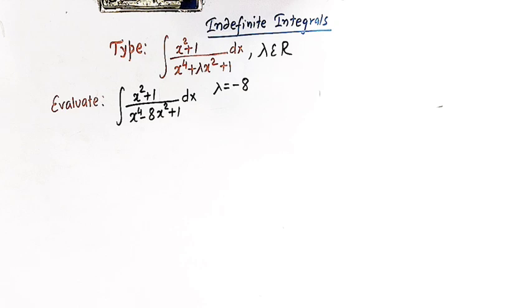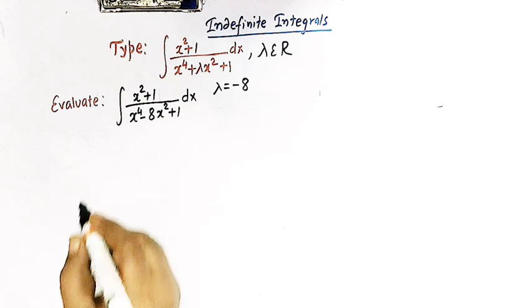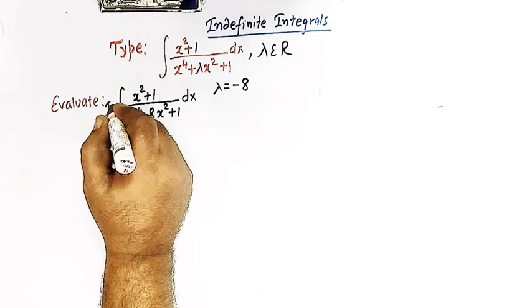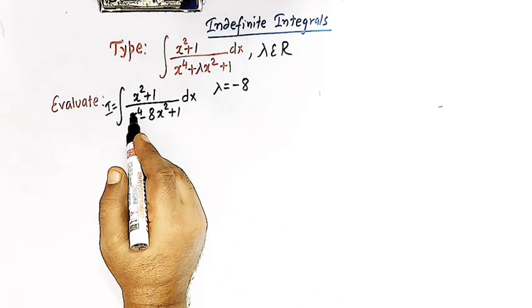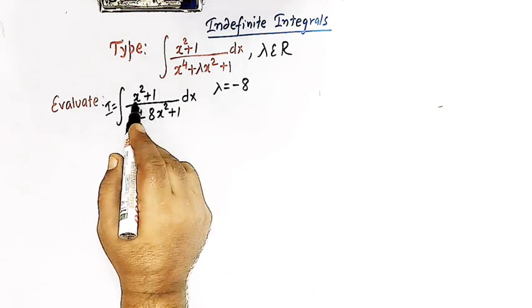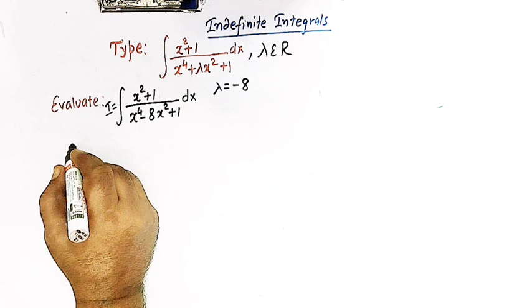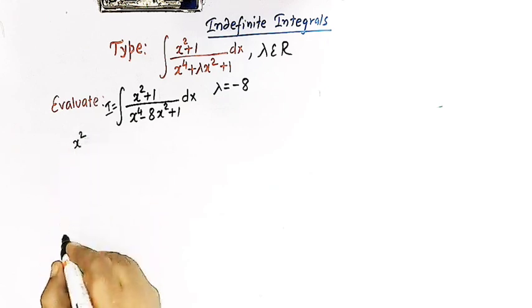So here we'll see how we can solve these types of indefinite integrals, right? So let us see how we can find out the value of this indefinite integral. So let us call this integral I, right? Now the first step to solve these kind of indefinite integrals is to divide the numerator and denominator by x square, right?